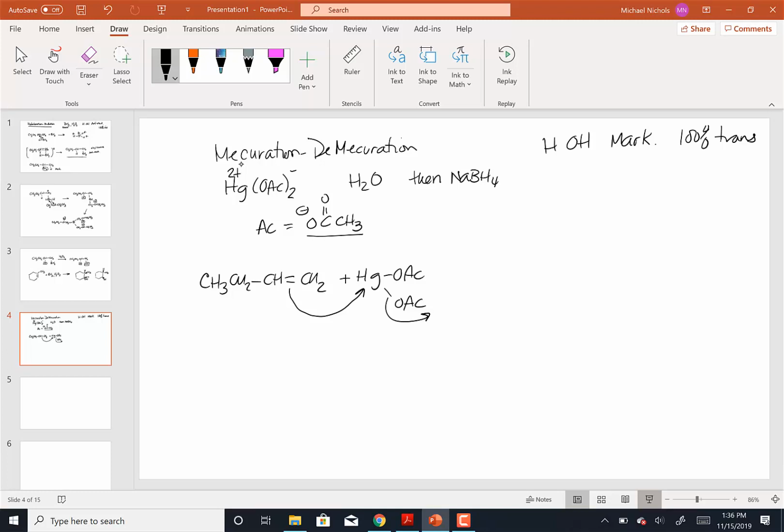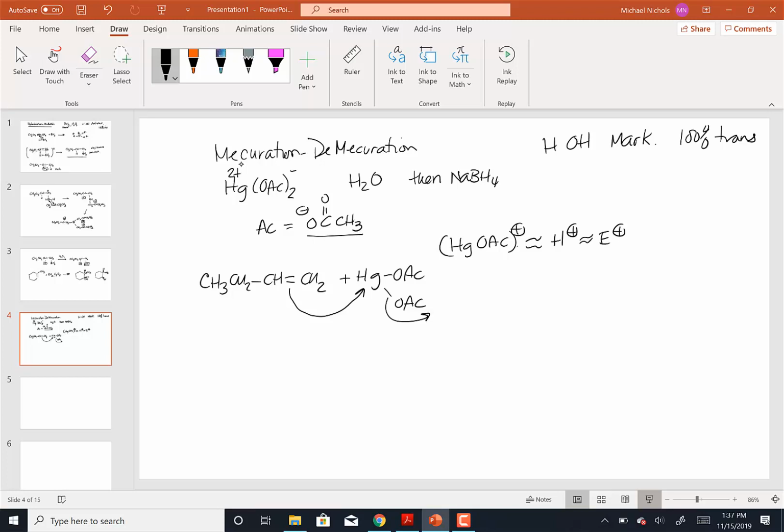Now, mercury acetate is mercury 2 plus with 2 acetate minuses, so it's neutral. Once you kick off an acetate, you end up with a mercury acetate that overall has a positive 1 charge. Let's think of that positive 1 charge being the equivalent of H plus. And I like even better to think of it as the equivalent of E plus. Because when I do addition reactions to alkenes, the majority of the reactions are going to be to add an E plus to the double bond.